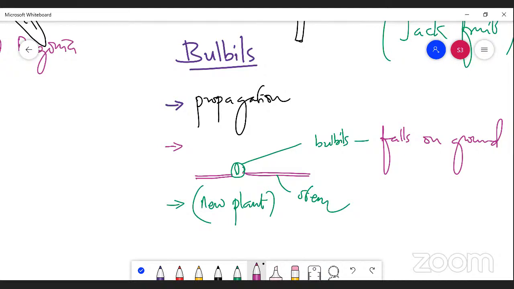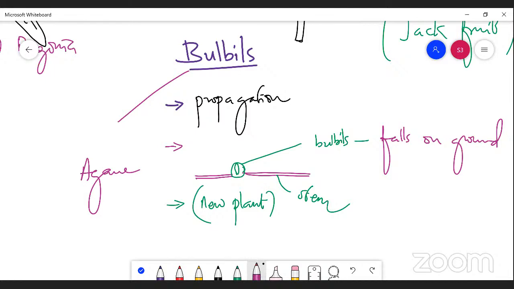This is called bulbils. I can give some examples for bulbils: the agave plant and Allium proliferum.